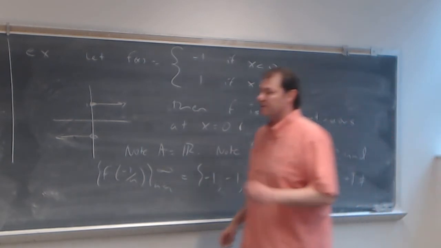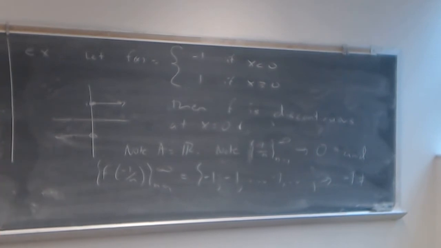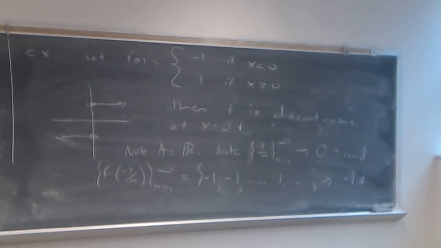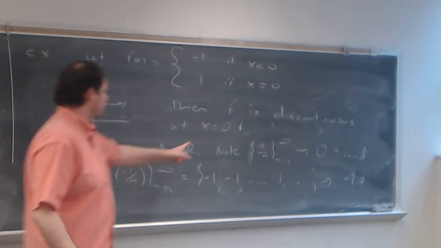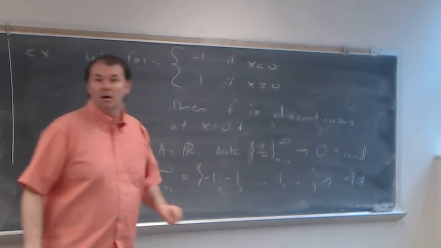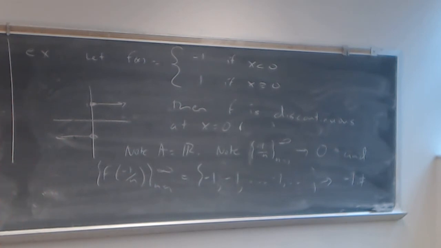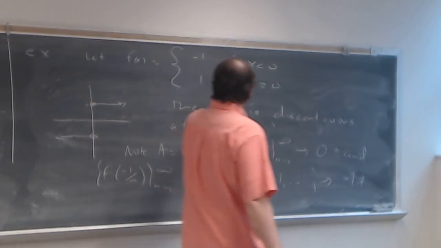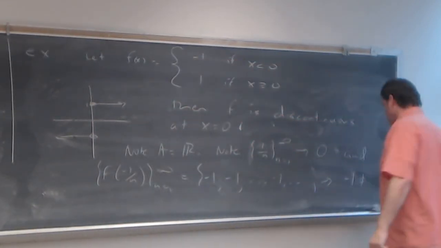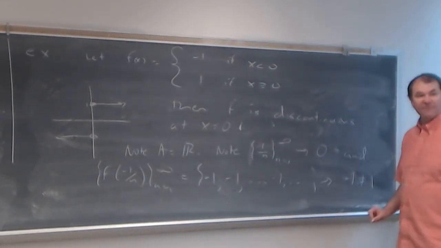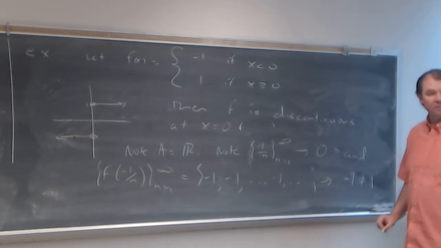But wait a minute. The criterion says if you can find some sequence that converges to the c value, the x value of interest, our c value of interest here is 0, but yet f of that sequence does not converge to f of c, which here would be f of 0. What's f of 0? F of 0 is 1. Is that okay?